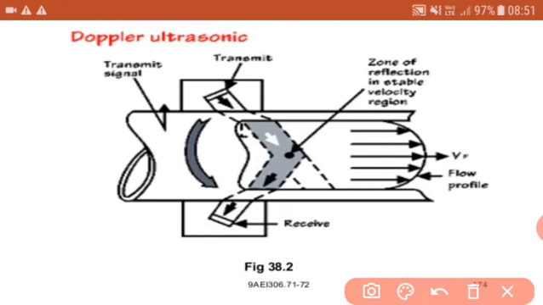Now this is the Doppler frequency shift flow meter. It is also known as the Doppler ultrasonic meter. We can see the different parts.